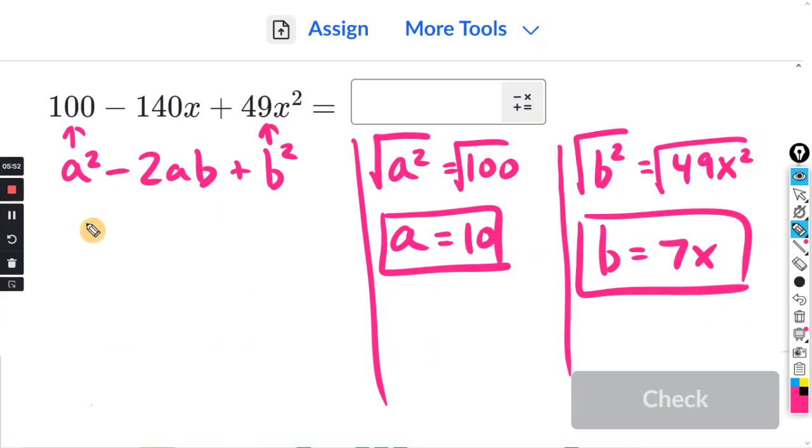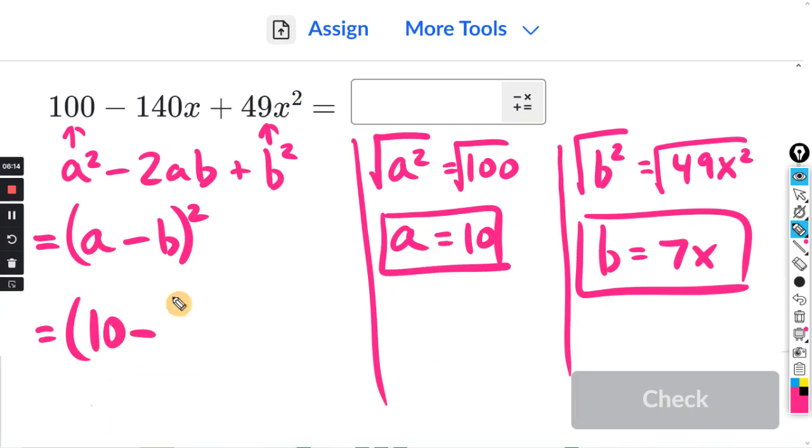Now let's use the formula a squared minus 2ab plus b squared, that is supposed to equal a minus b quantity squared. All right, we went over that in the beginning. So we said a is 10 minus b, which is minus 7x, and that's squared, and that's your final answer.